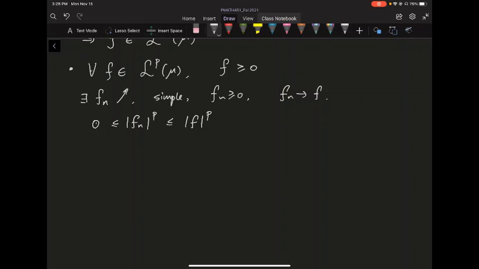And then if you consider the integral of f minus fn raised to the power p, the p norm difference, so this is the p norm of f minus fn raised to the power p.